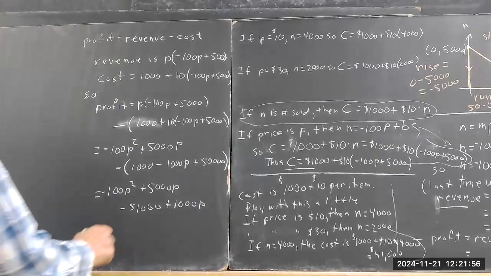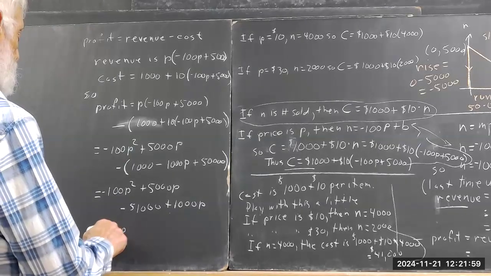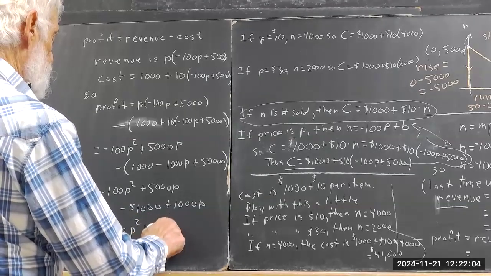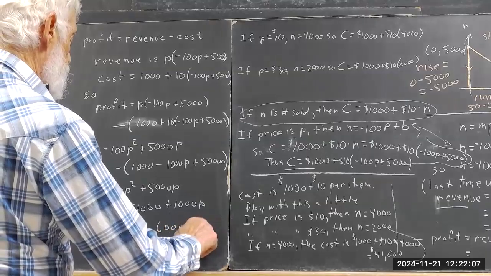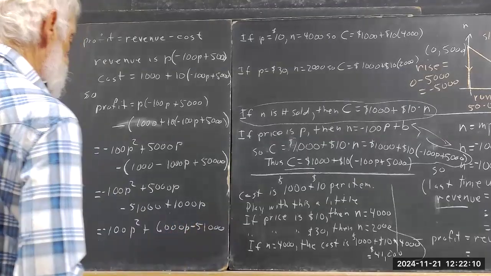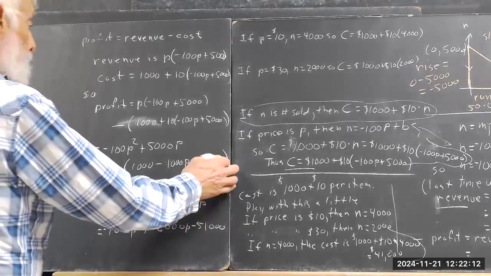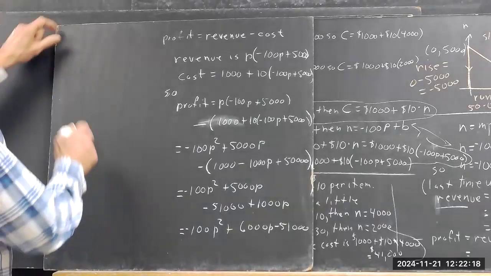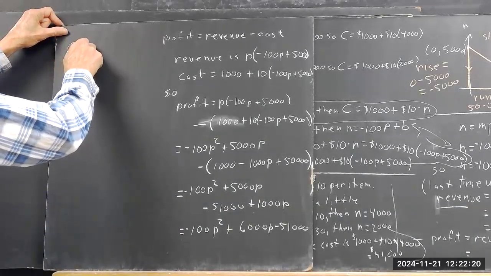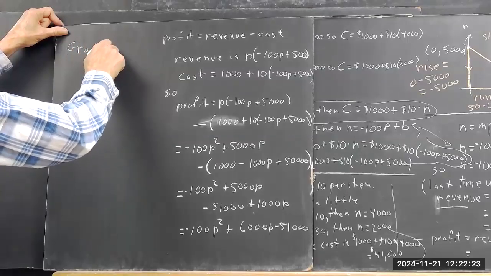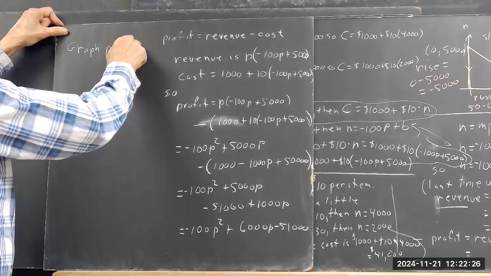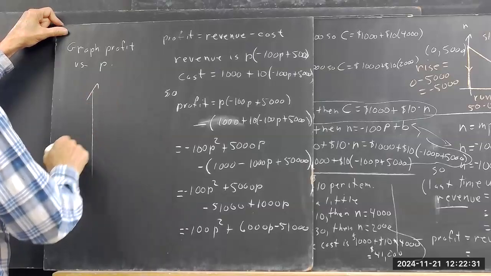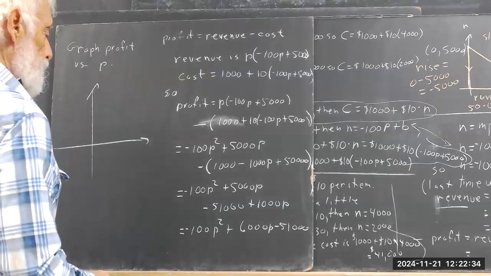And we can simplify this. And ultimately we get negative 100 P squared plus 6,000 P minus 51,000. Now this quadratic function, we use what we know about quadratic functions.